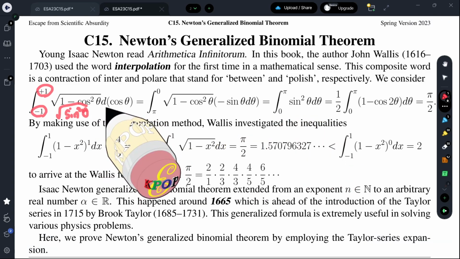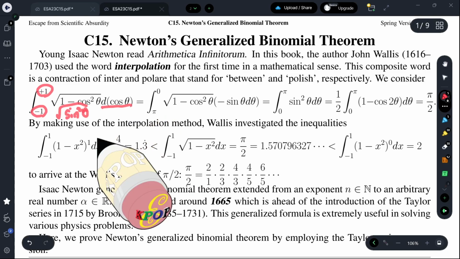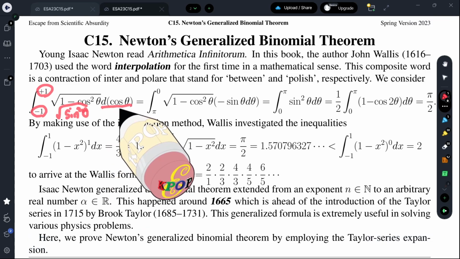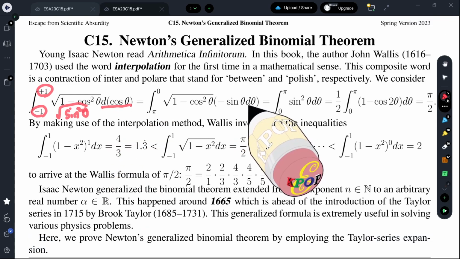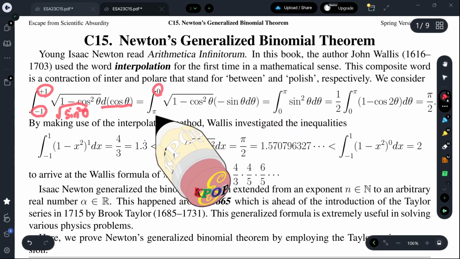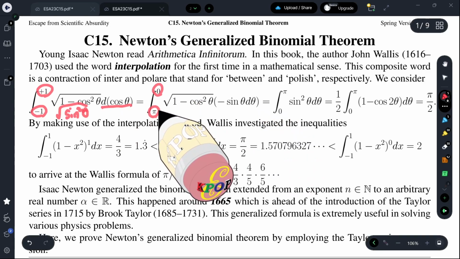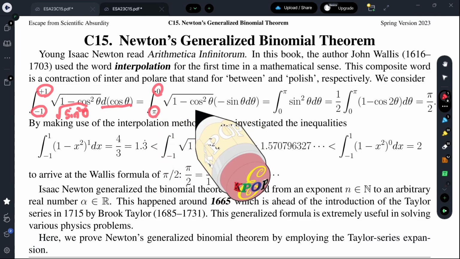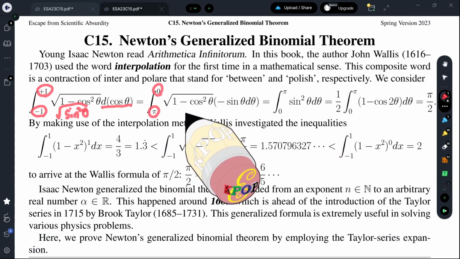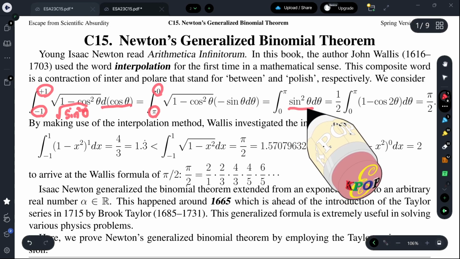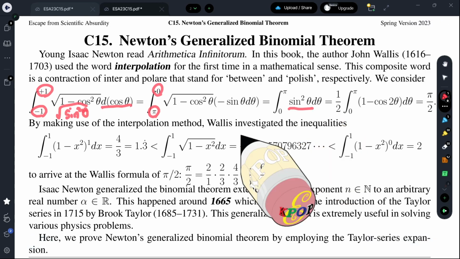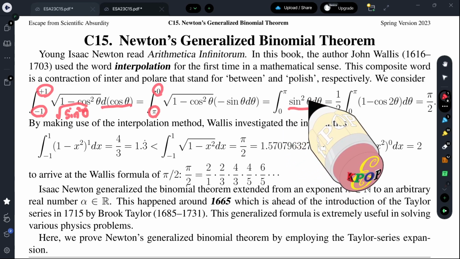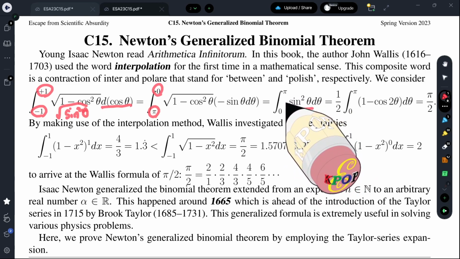And the differential in here represents a minus sine theta d theta, because the lower limit and upper limit are upside down. If you flip the order, then we obtain the integral of sine squared theta over theta from 0 to pi.